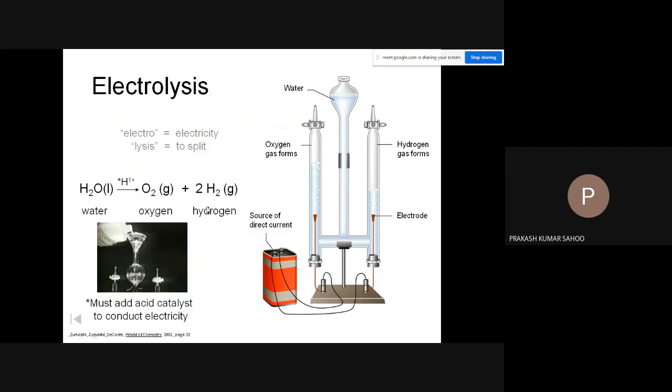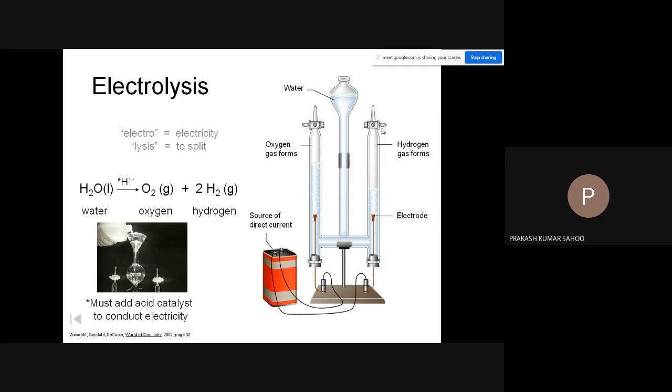You should remember that water dissociates or conducts electricity in the presence of acid, because in the presence of acid the polarity, or dipole moment, or partial charges are developed. So water gets dissociated to oxygen and hydrogen in the presence of acid.